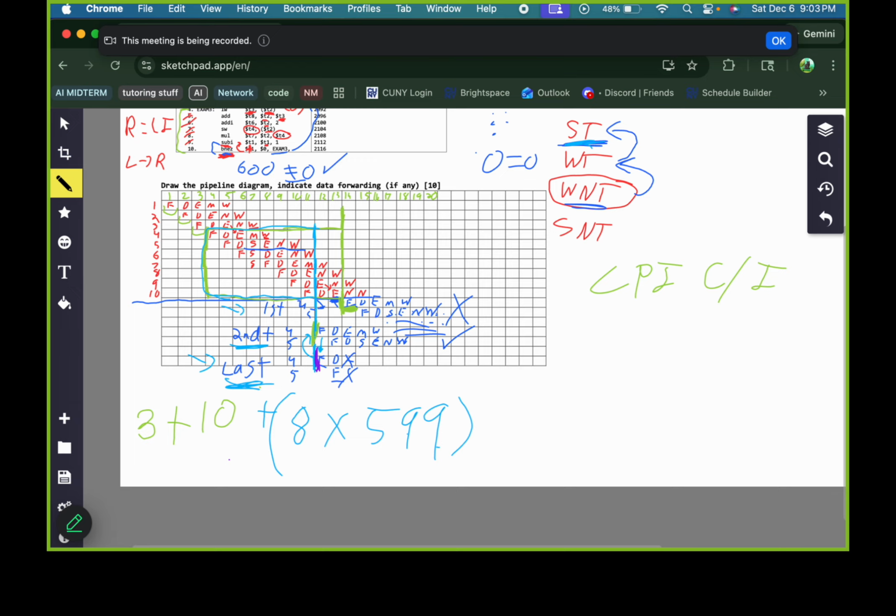Okay, now we need to count our leftovers. Our leftovers, just like how we counted in the beginning over here, 3. We have to count everything past this blue line, right? Because this is where that next fetch would begin. Now, technically, even though we flush out these instructions, there still is a fetch and a decode happening.